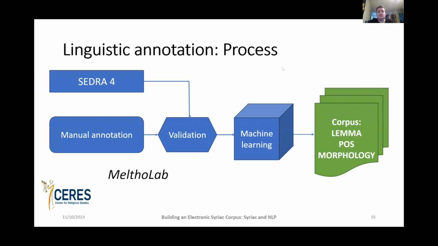And then we will use a form of machine learning, depending on what turns out to be best, to annotate all of the rest of the texts automatically. So we'll have a gold corpus consisting of manually annotated text and the full Simtho 1.0 that will have at least the annotation on the level of lemma, part of speech, and morphology.